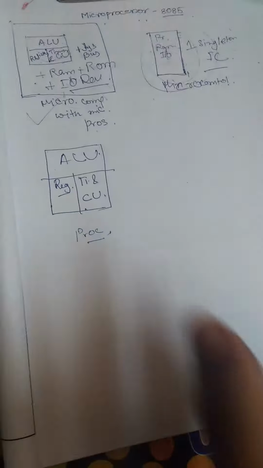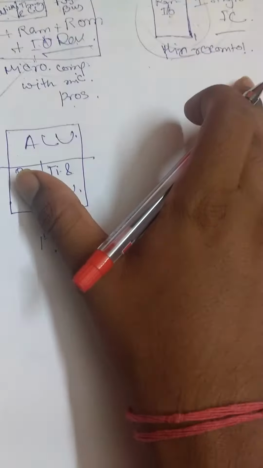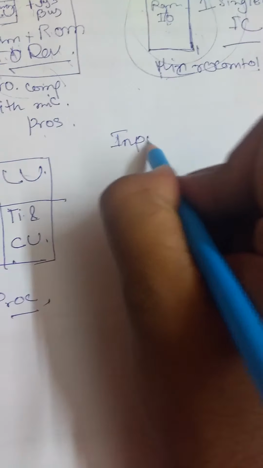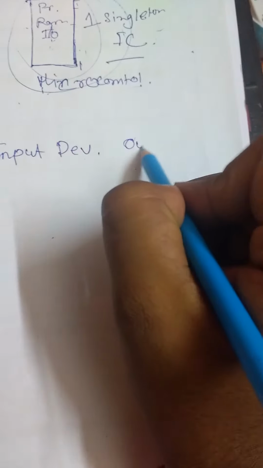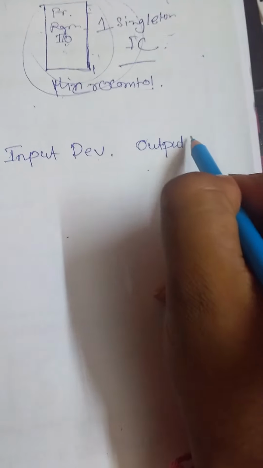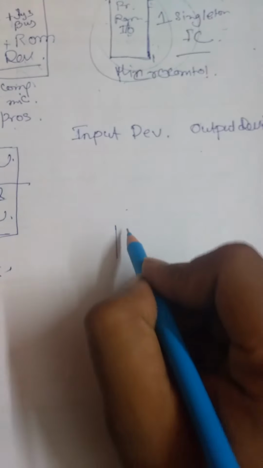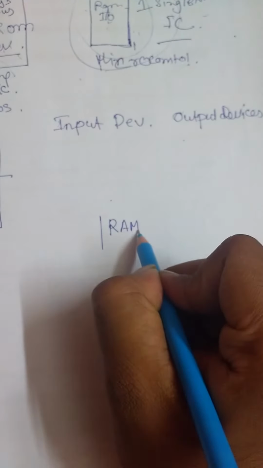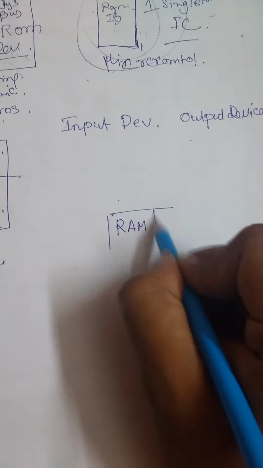There is something along with this in this microcomputer, which I will first draw. Suppose we have some input devices, some output devices, and the memory. Of course, there should be a memory in the microcomputer, and this will consist of the RAM and ROM.